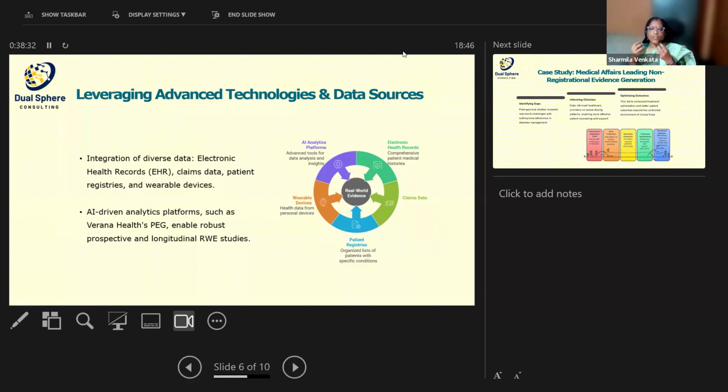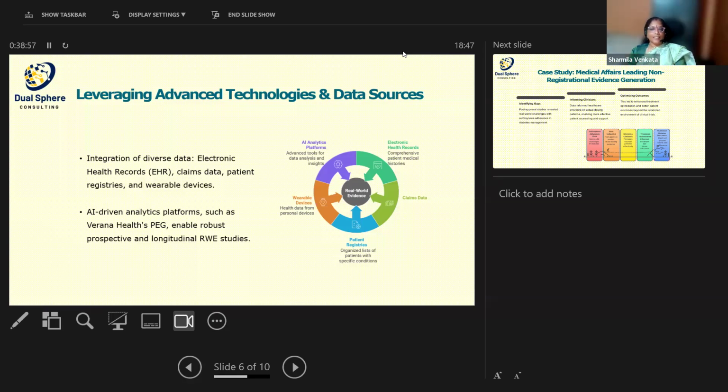This allows for prospective longitudinal real-world evidence studies, meaning we can follow patients over time in real life, not just in short trial windows. So we can see the entire patient journey from diagnosis to treatment adjustment, side effects, and long-term outcomes across different care settings.